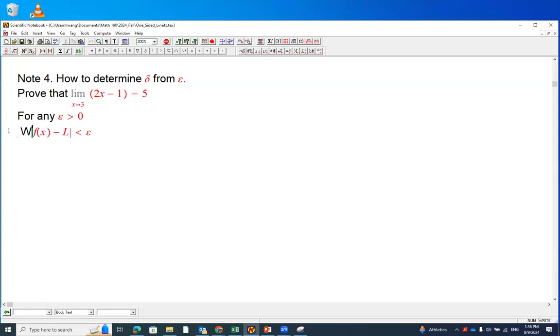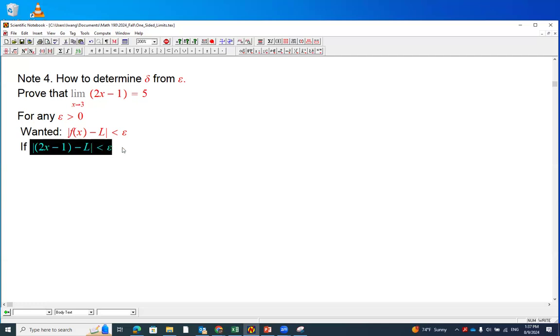Okay, so this is wanted. So I'm basically working backward. If this is true, then I'm going to take my function and replace f of x, then this will be true, right?